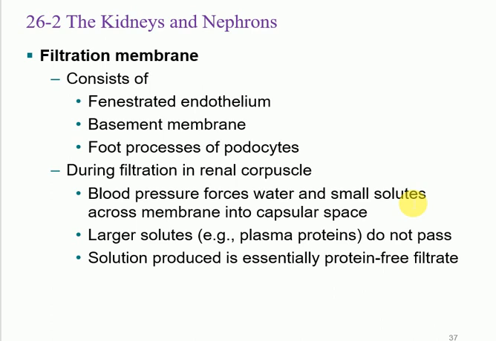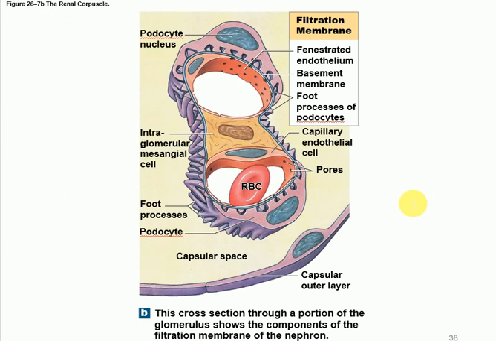In order to leave these capillaries and go to the space, you have to pass through the capillary membrane plus the visceral layer of the renal capsule. You have to go through both of them. So these spaces that you will go through are not big enough for plasma proteins and cells, as I mentioned before.